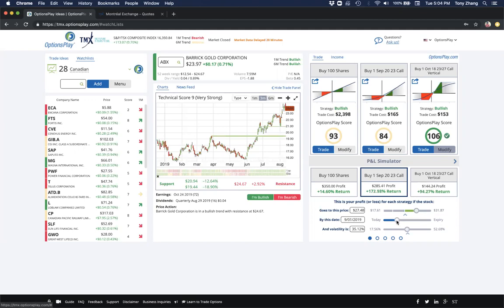Let's say by September 4th, you would expect the stock to rally to, let's say, 27 bucks, and volatility was to decrease. Notice how you're better off buying that call option. So 143% return on the call versus only a 98% return on the vertical, because again, that vertical caps your reward.